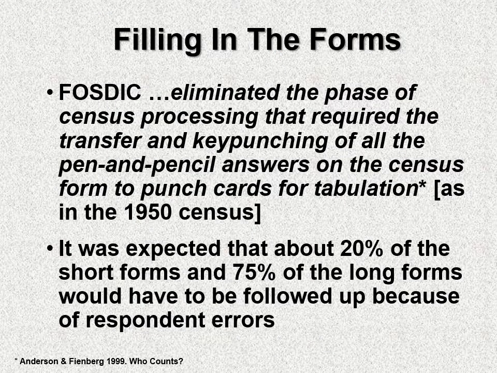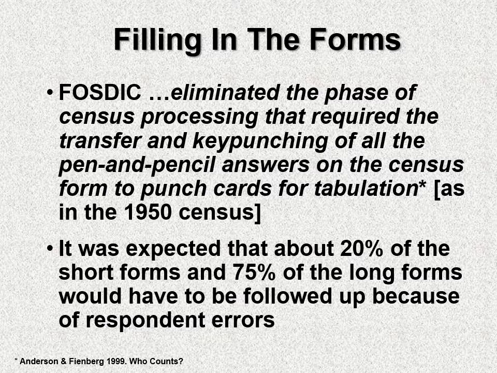It was said that this eliminates the phase of census processing that required the transfer and key punching, remember the old key punch cards, of all the pen and pencil answers on the census form to punch cards for tabulation. So the 1950 census was an example of it, and you didn't need all those people who were creating punch cards.